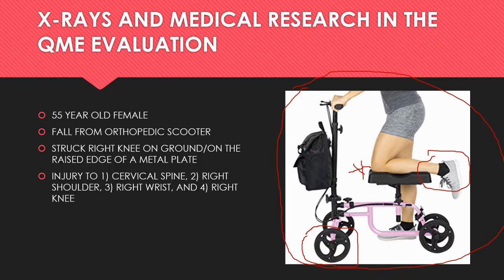You've seen those metal plates supposedly flush in the concrete. Well, she claimed that it was a raised edge of a metal plate, and she suffered injury to her right knee, among other body parts. So in today's discussion, we're going to focus on the assessment of the right knee and the opinions and conclusions regarding permanent impairment and apportionment for the right knee.